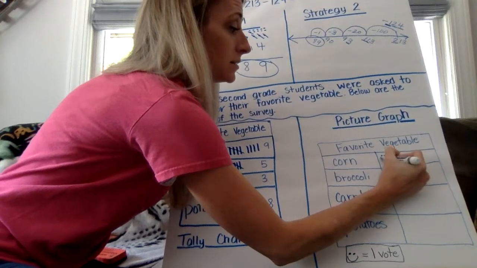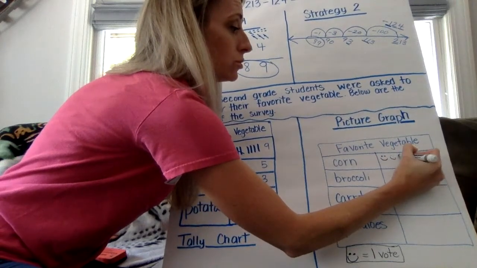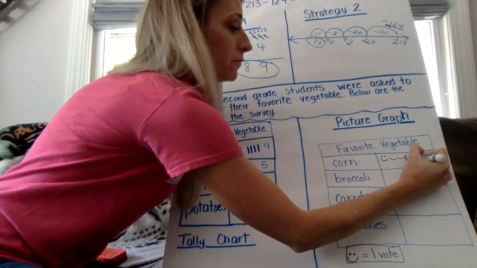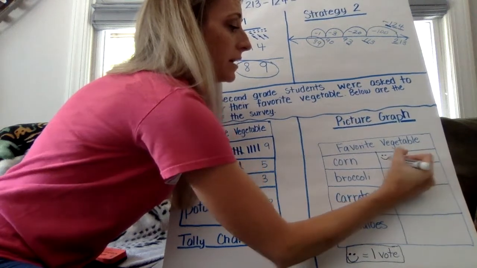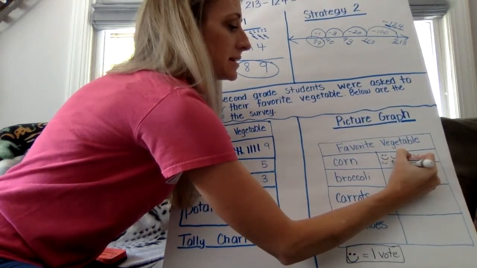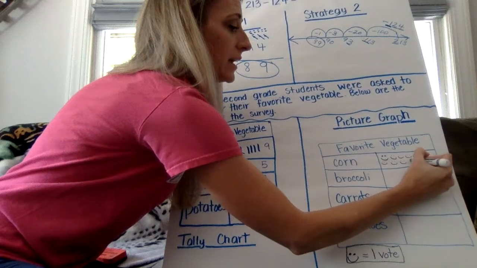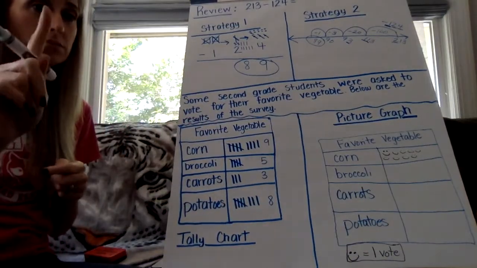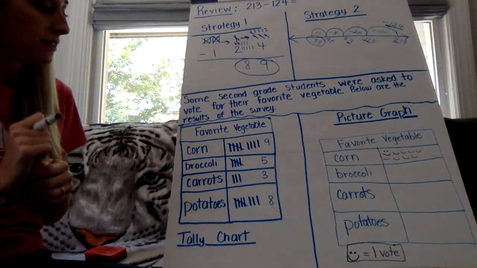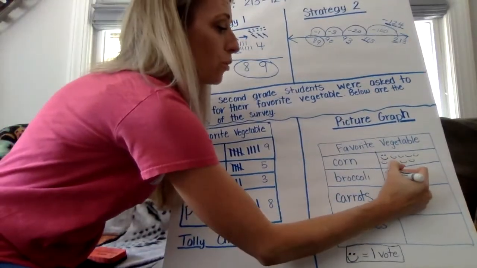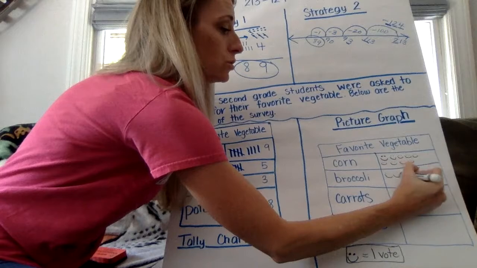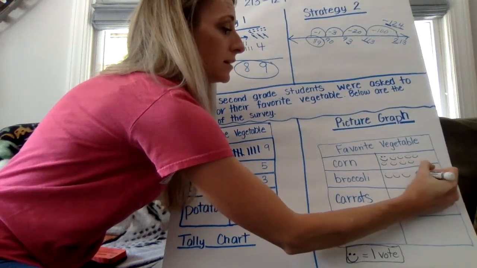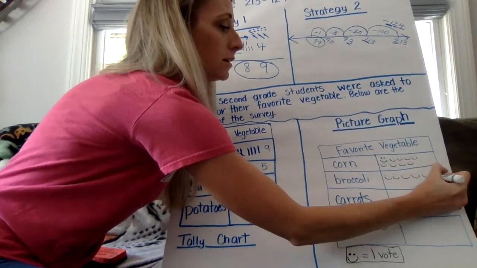So 1, 2, 3, 4, 5, 6, 7, 8, 9. And I know each of them stands for 1. Broccoli has 5. 1, 2, 3, 4, 5.